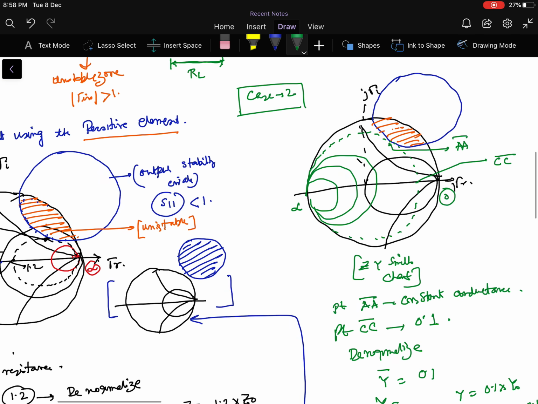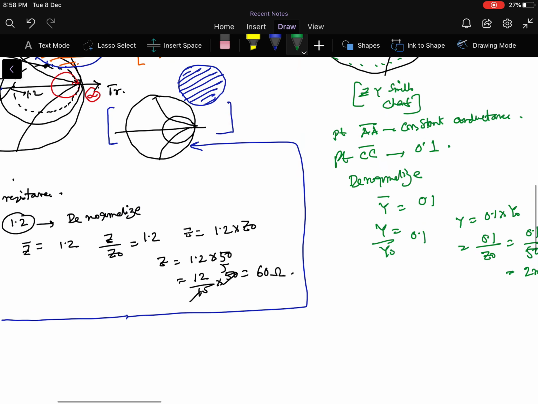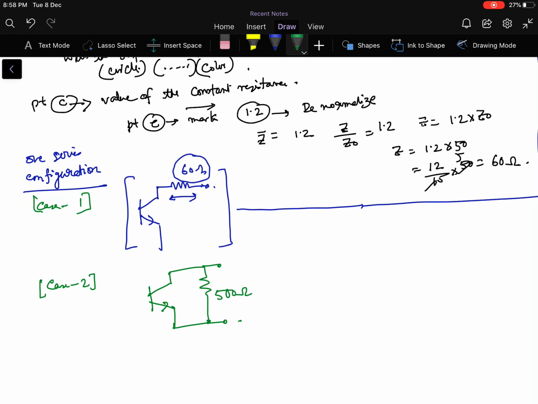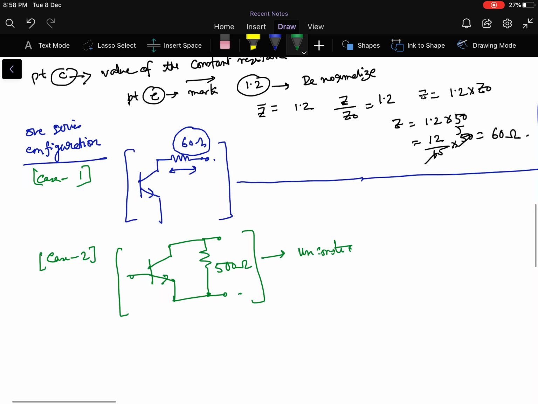So considering these effects with the constant conductance circle, I got this from case 1, and from case 2 I can use these transistors with a parallel 500 ohm resistance, and I can make the system work as unconditionally stable.